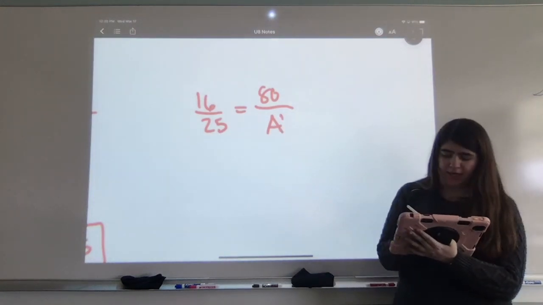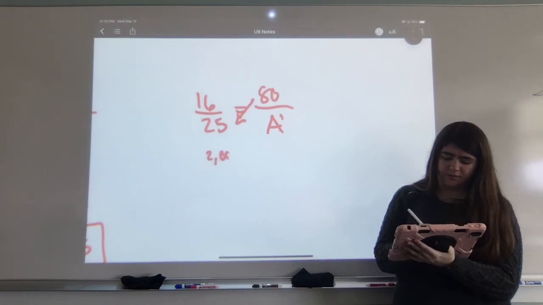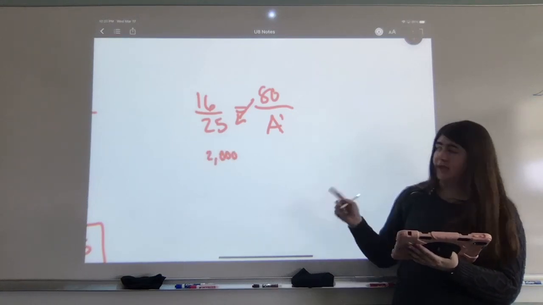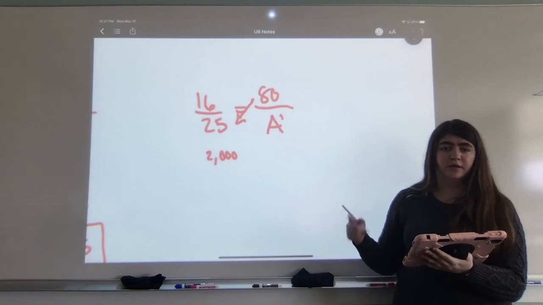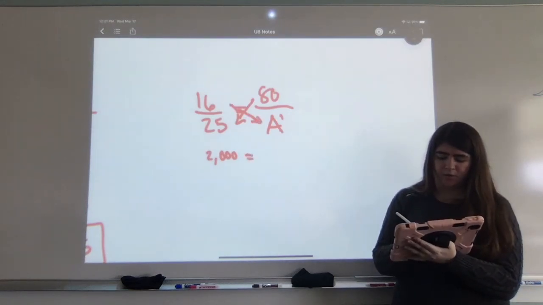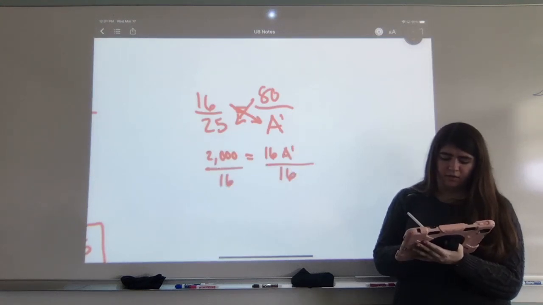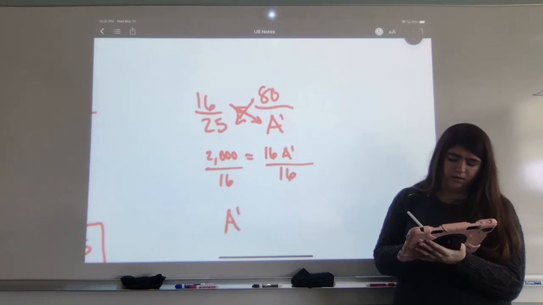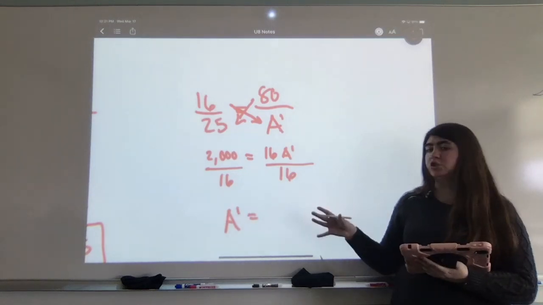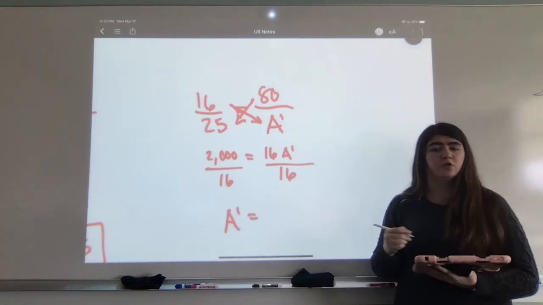I have 80 times 25, which is equal to 2,000, because 8 times 25 is 200, and then you add a 0. And then I have 16 times A, which is just 16A for now. I'm going to divide out 16 from both sides, which means my area from my new second shape is going to be equal to 125.